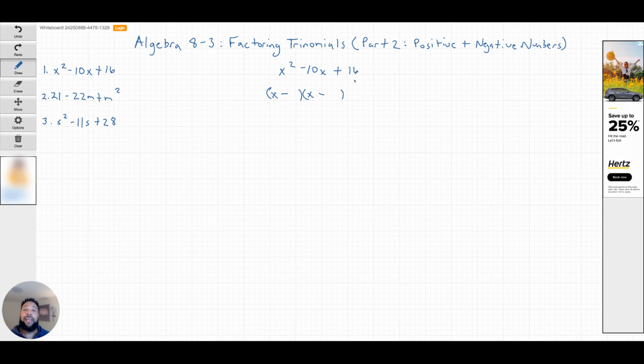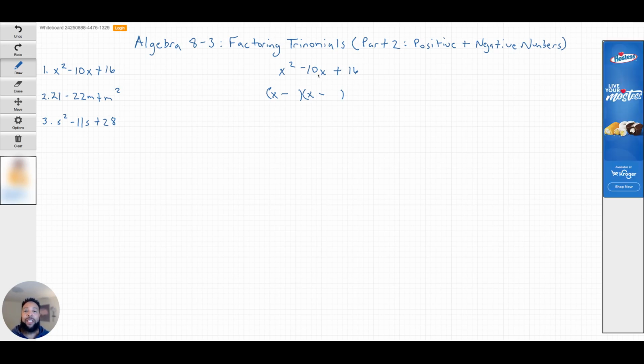Because a negative times a negative gives you a positive, but then a negative plus a negative gives you a negative. So what two numbers, if you multiply the two, you get 16, but when you add the two, you get negative 10? Let's look at it.